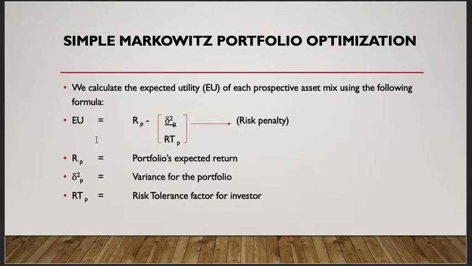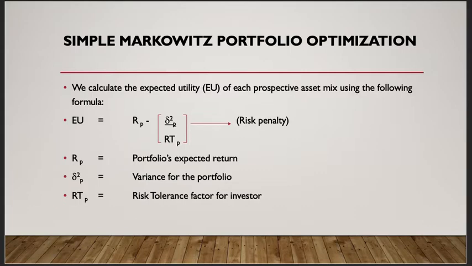EU equals RP, the portfolio's expected return, minus the variance of the portfolio divided by RT, where RT is the risk tolerance of the investor. Please take note that the variance of the portfolio divided by risk tolerance, the part in the bracket, is also known as the risk penalty.